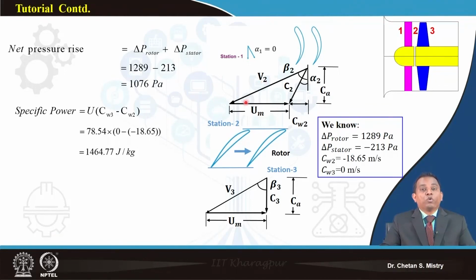Based on trigonometry, we can then calculate the velocity components or angle components. If we calculate relative velocity components, that will be helpful for calculating the static pressure rise in the rotor. If we calculate absolute velocity components, that will help us calculate the static pressure rise in my stator. And the work component is helpful for calculating our specific power.